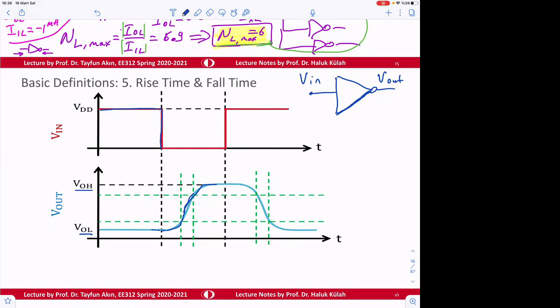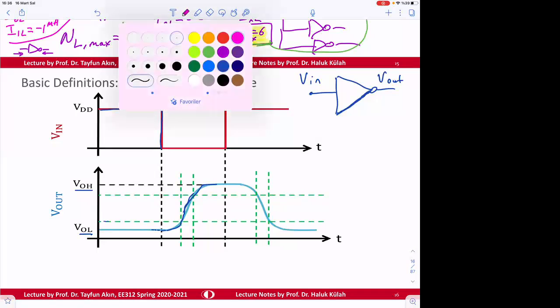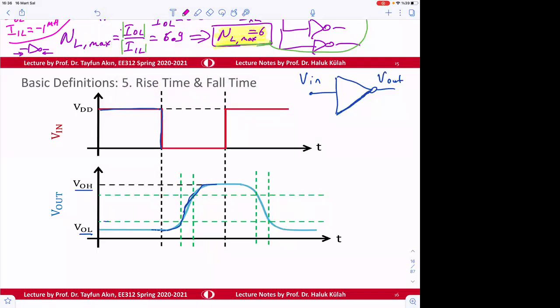So typically we calculate this by considering the 10% point and the 90% point. So this is called the 10% point, and this is called the 90% point. The time for the signal to go from 10% to 90% is called rise time.